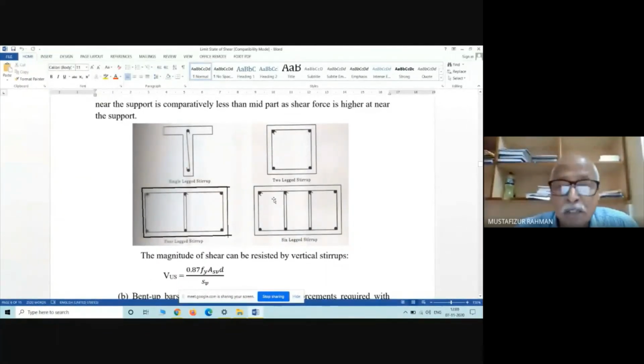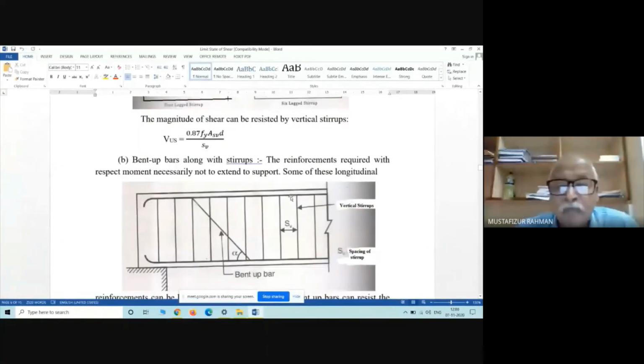With 3 numbers of 20, this is 1 and here will be 1. This is the spacing sv, and these are 8 diameter rods. This figure will be useful minus this inclined part.